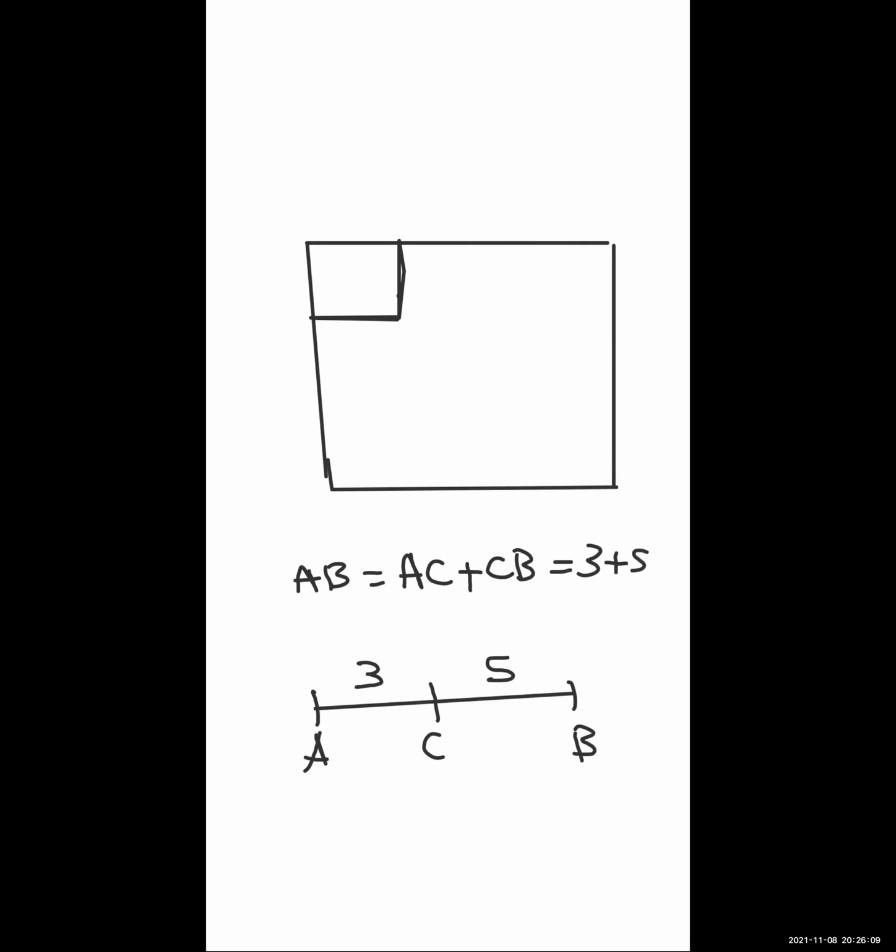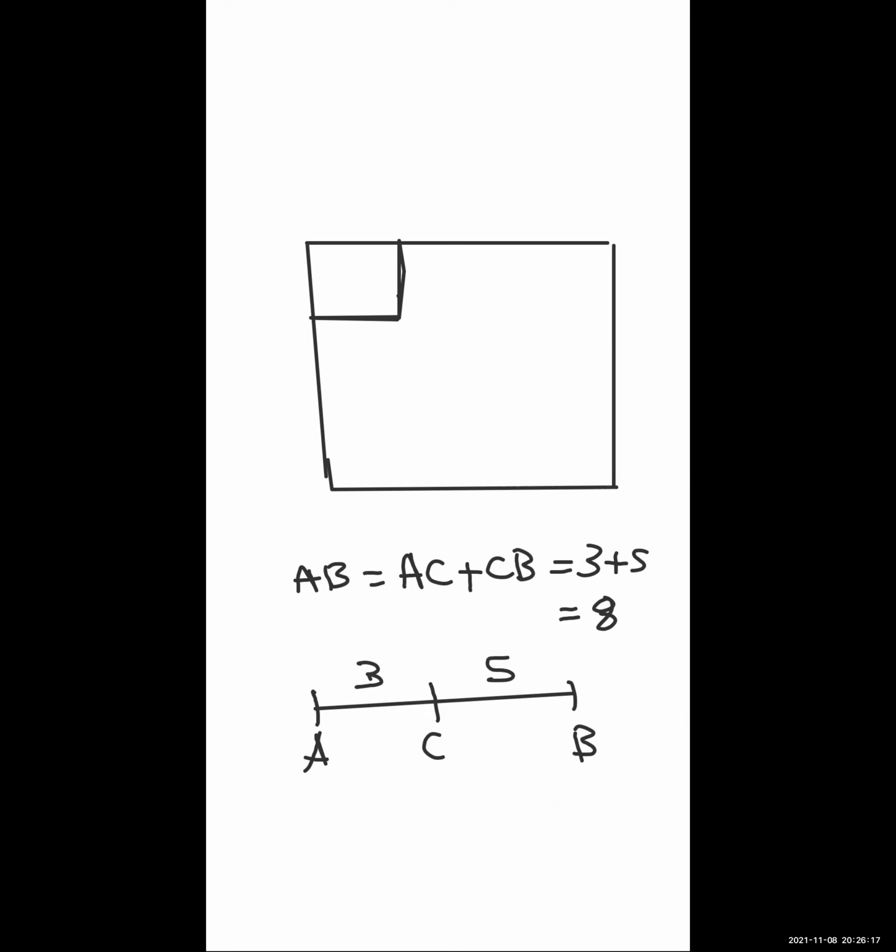So consider that it's numbers like this, just one second. It was like that. This one is point A, this one is point B, and this one is point C. This length is 3, and this one is 5. So AB equals what, guys? AB will equal AC plus CB. But here it's numbers, not variables, so 3 plus 5. The length of AB will equal 8. And our question was like that.